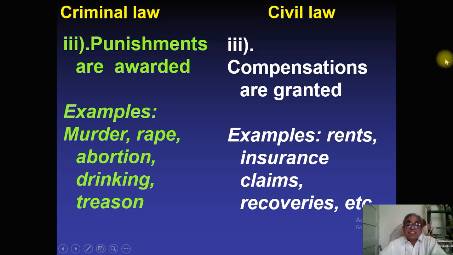In criminal laws, punishments are awarded such as the death sentence, imprisonment of 1 year, 2 years, 3 years, 5 years, or life imprisonment. In civil law, compensations are granted, and these compensations are usually in terms of money.